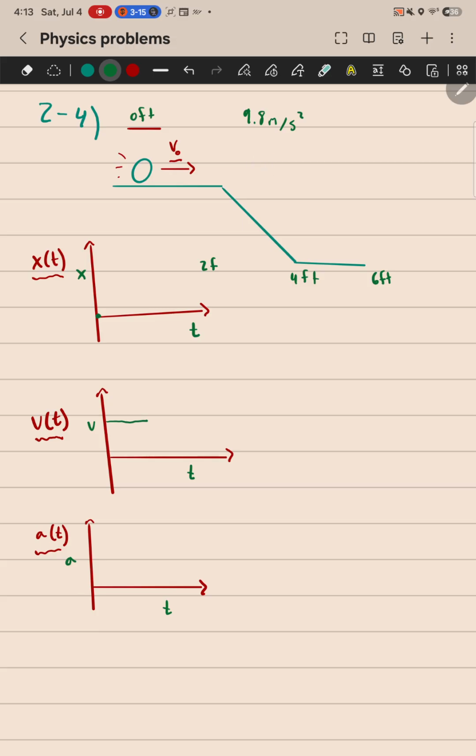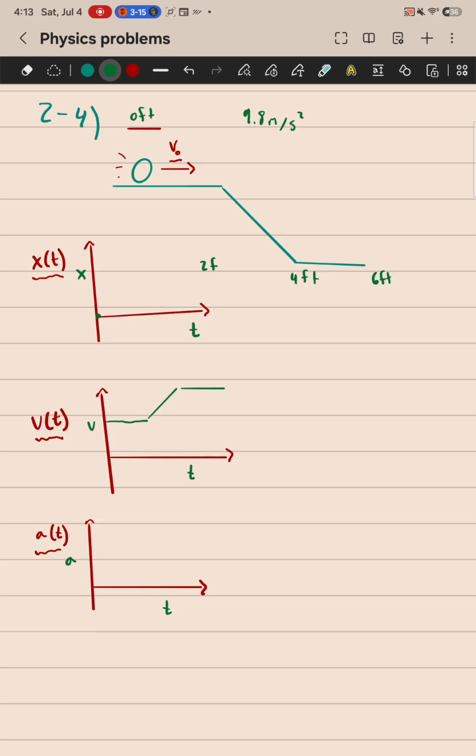Gravity is 9.8 meters per second squared, and so that'll cause a linear change in our velocity. And then when it gets to the bottom again, it'll just stay at this velocity because nothing is acting upon it to increase the velocity.